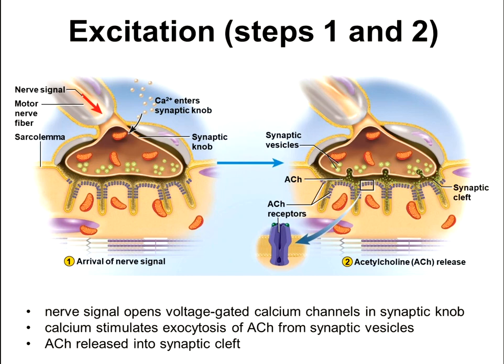This is steps 1 and 2 of excitation. The signal arrives. This opens up the voltage-gated channels. Calcium is able to be released and stimulate the acetylcholine to be released into the synaptic cleft. It's released in synaptic vesicles into the cleft.